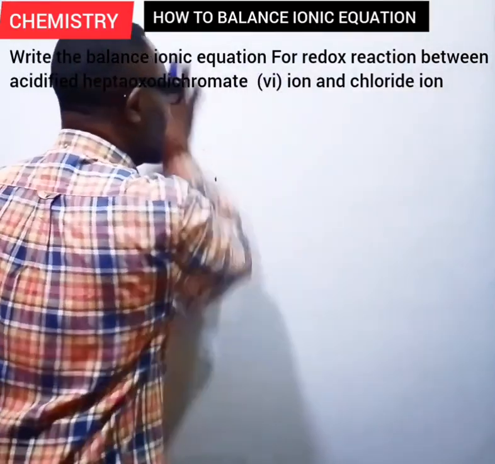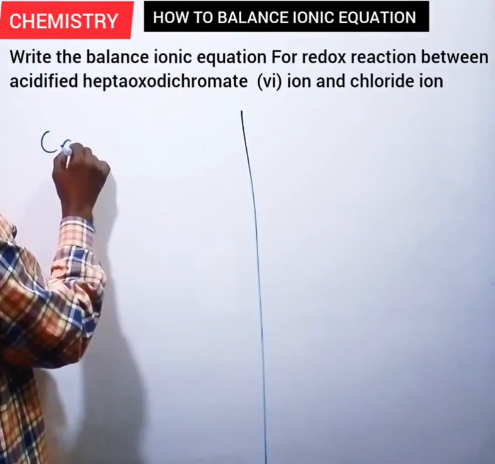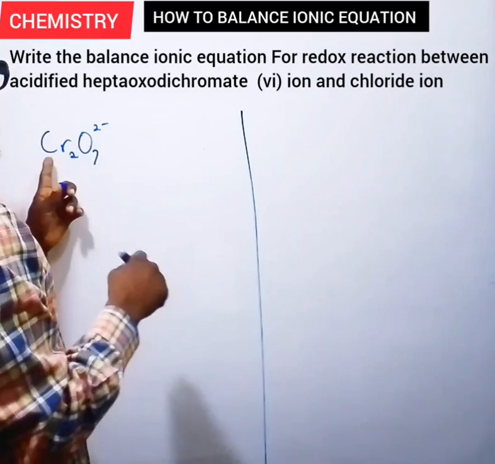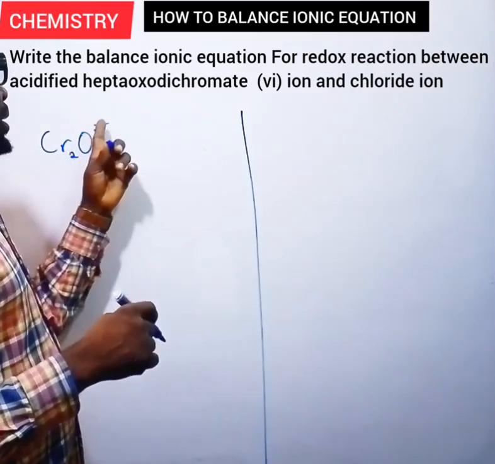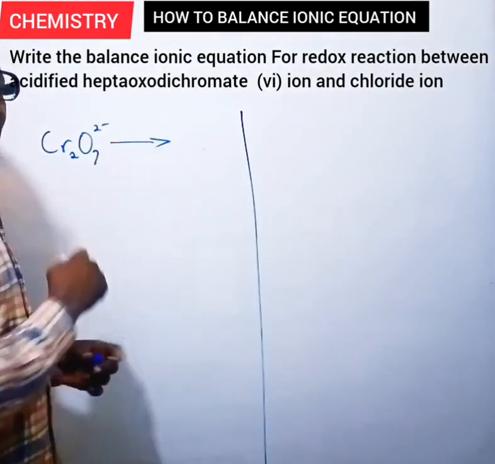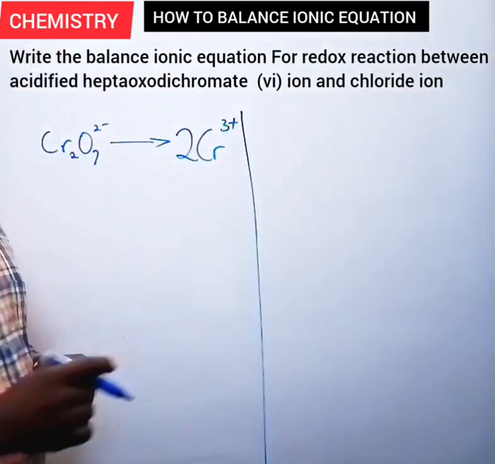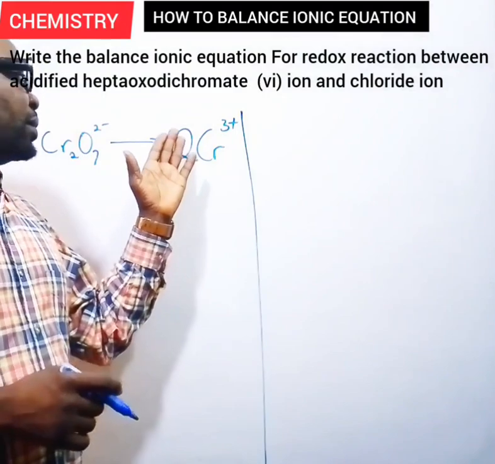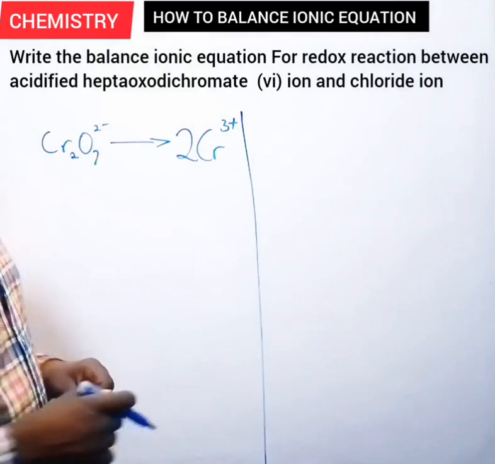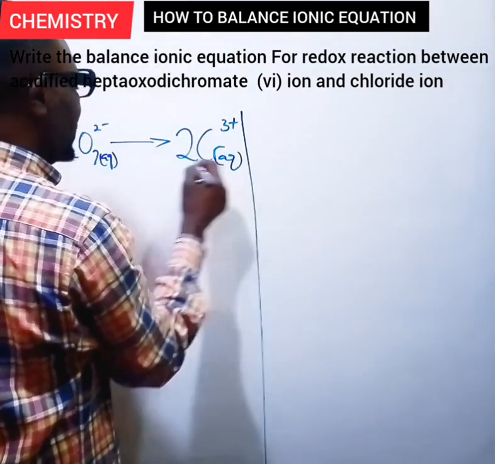Now I have Cr2O7 2-, that is the heptaoxodichromate(VI) ion. This will lead to Cr3+, the chromium ion. This is in aqueous medium, it is in solution.